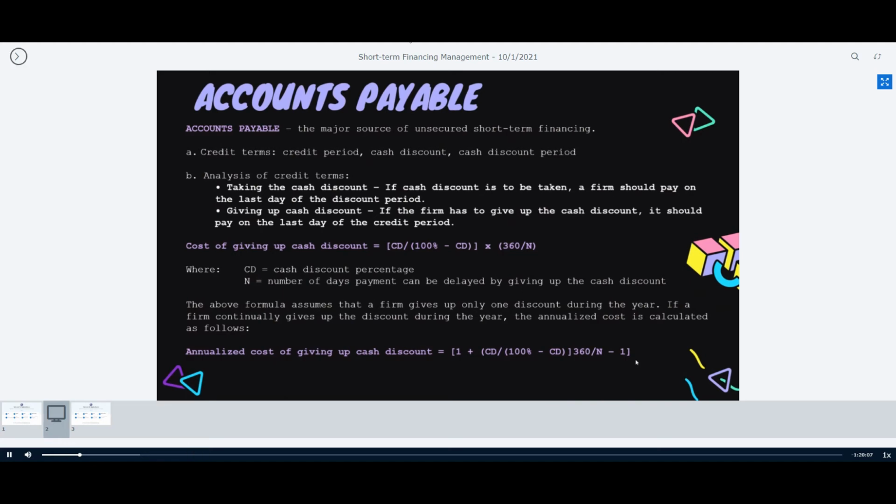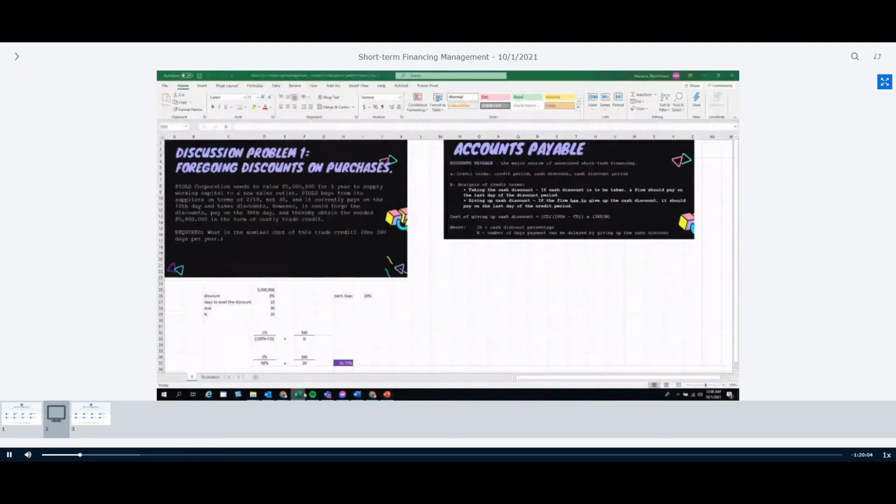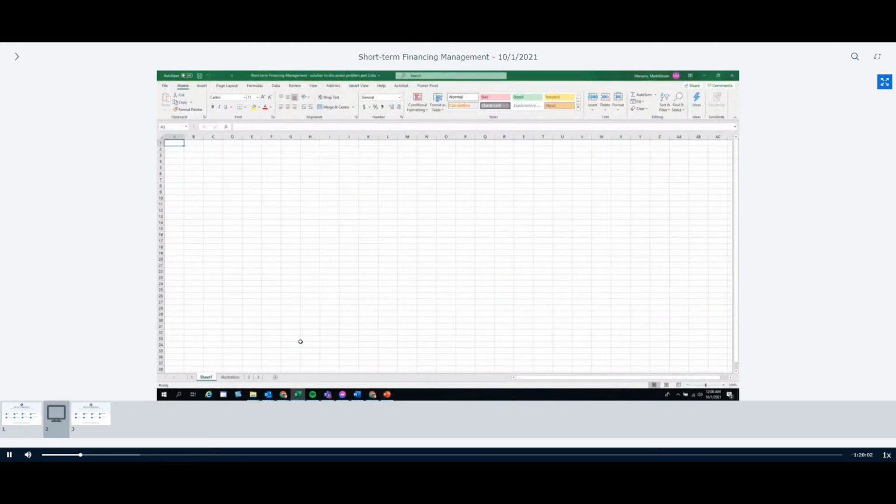Puntahan natin ito para mas ma-illustrate ko pa siya ng maigi. Remember yung example ko, 2 over 10, N30. Ganyan usually yung presentation ng credit terms. So you have the credit period.